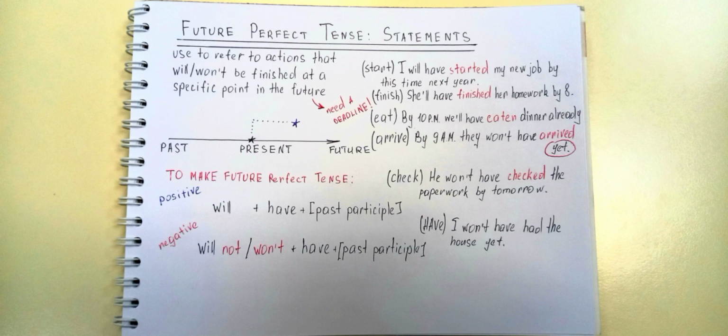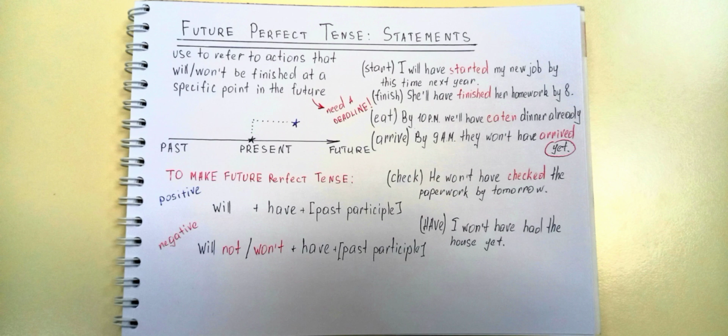We could add a deadline here, for example, by, I don't know, by 9 a.m. They won't have plus our past participle form arrived yet. By 9 a.m. they won't have arrived yet.